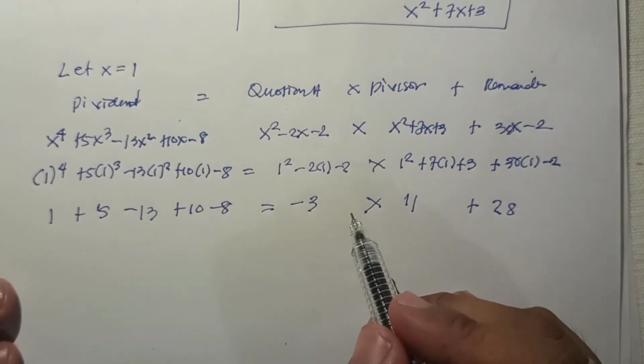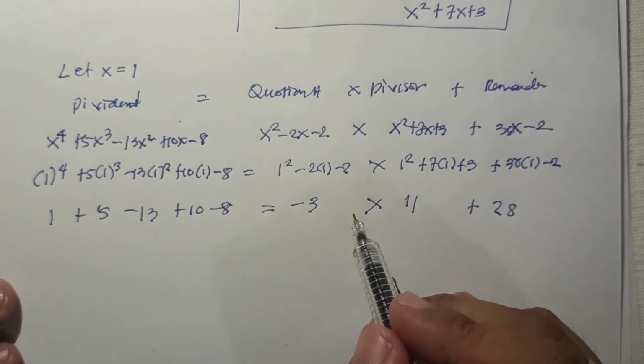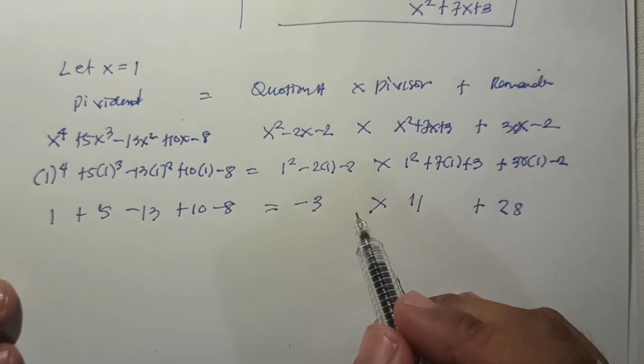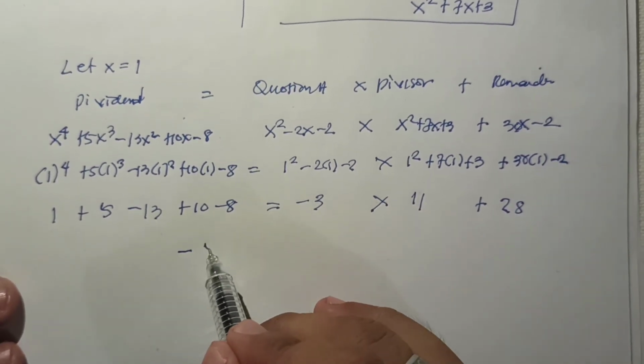So 1 plus 5 minus 13 plus 10 minus 8, the result is negative 5.